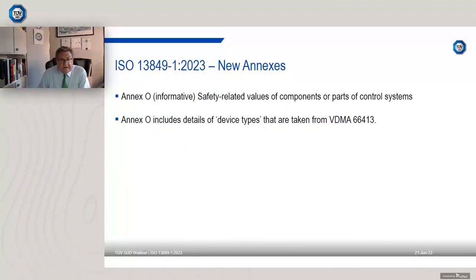And finally, Annex O. Annex O is called safety related values of components or parts of control systems. It is pretty much the content of the VDMA specification 66413.